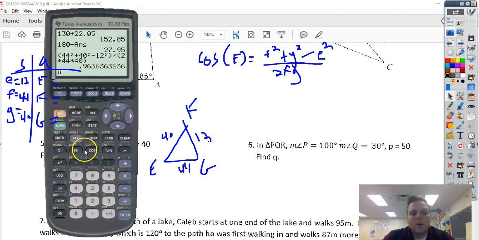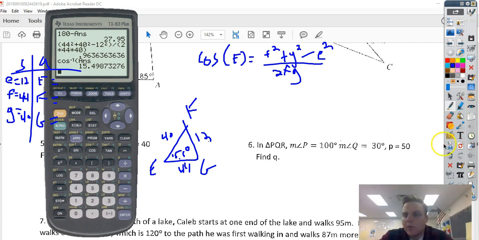Then I need the inverse cosine of that because I'm solving for an angle using the law of cosines. And I get 15.5. So the measurement of angle E is simply 15.5. And there we go. Okay, next problem, problem number 6.